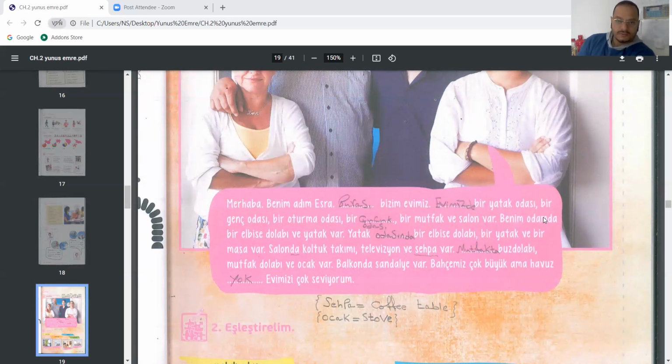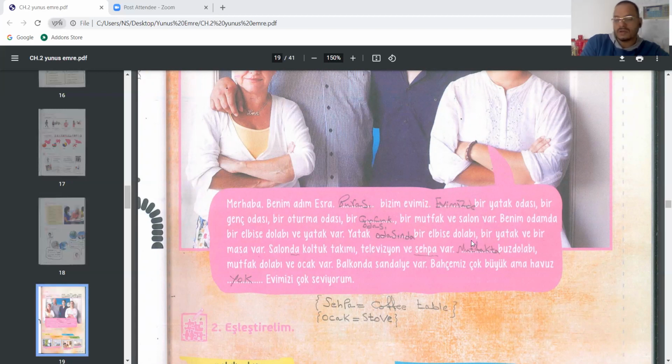Bir çocuk, bir oturma odası, bir çocuk, bir mutfak. We have one kitchen in our house ve salon var. Benim odamda, at my room, bir elbise dolabı, closet ve yatak var, bed. Yatak odasında, at the sleep room, sorry, bir elbise dolabı.